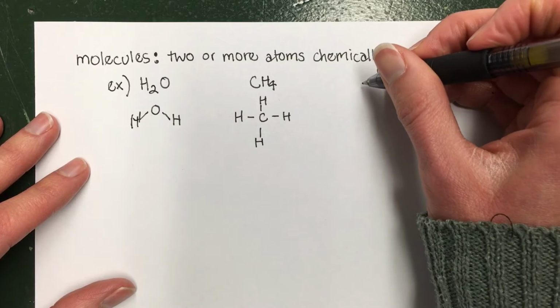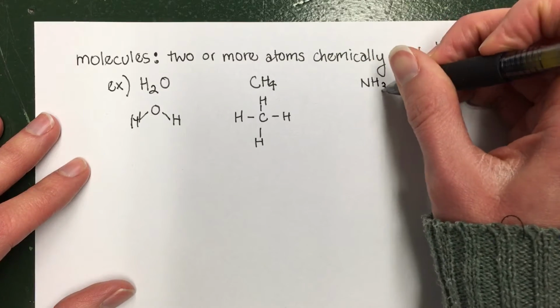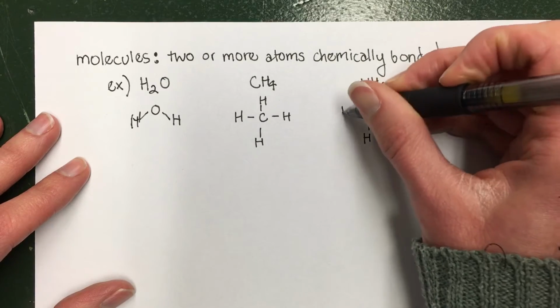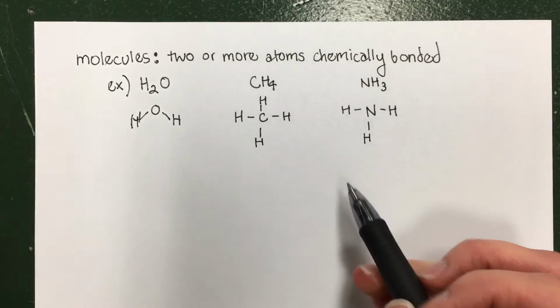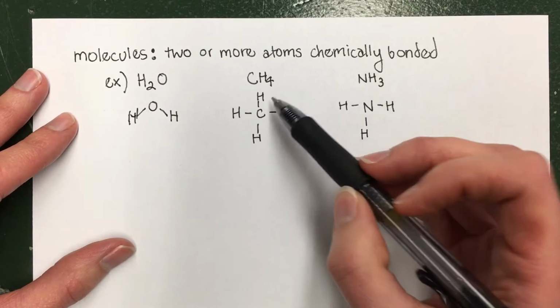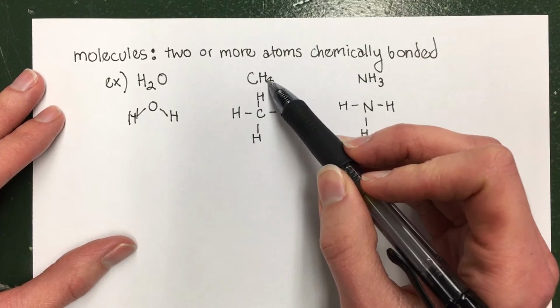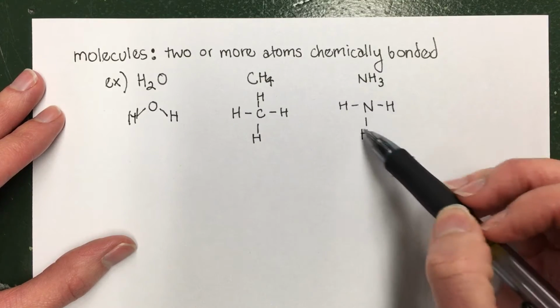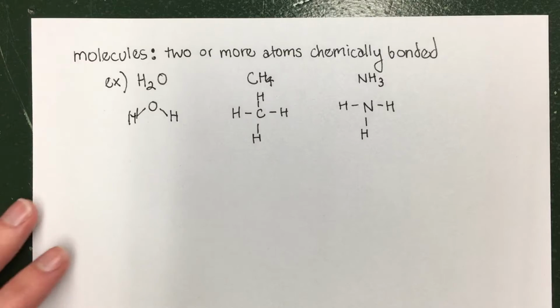We also have things like NH3, that's ammonia. So that's nitrogen with 3 hydrogens. Okay, so those are some different molecules. I really just wanted you to be able to visualize that if there's a 4 here, that means there's 4 hydrogens. If there's a 3 here, that means there's 3 hydrogens.